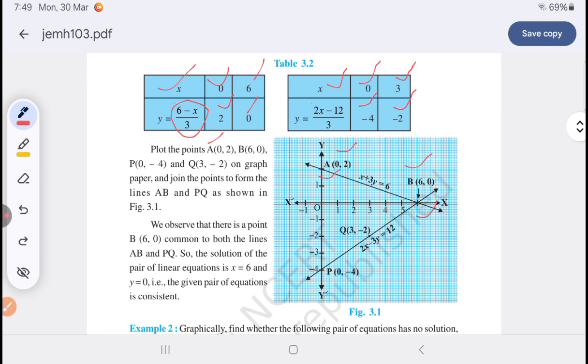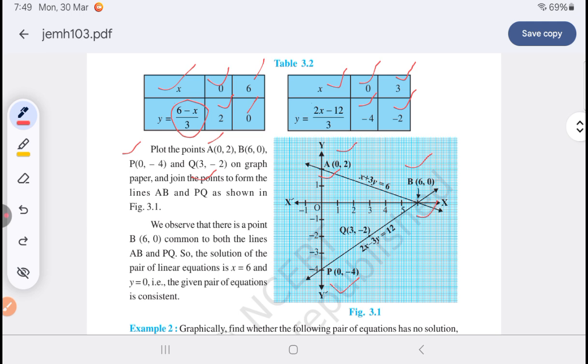And from the other equation, we plot point P 0 comma minus 4 and Q 3 comma minus 2. So here 0 comma minus 4 and Q 3 comma minus 2.